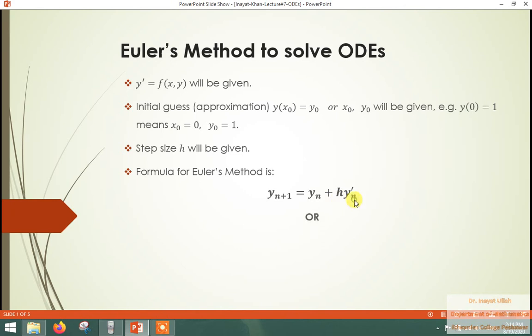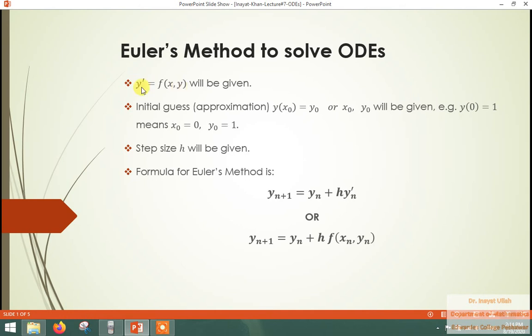This formula can also be written in this fashion: yn plus 1 is equal to yn plus h times yn prime, which is equal to a function of xn and yn. If you look here, y prime is equal to a function of x and y.